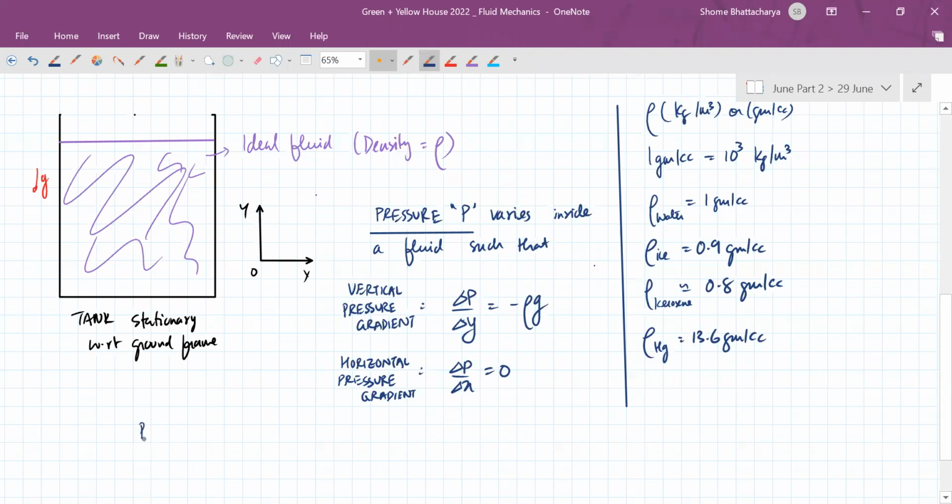So pressure is basically normal force per unit area acting on any surface inside the fluid at a given point.